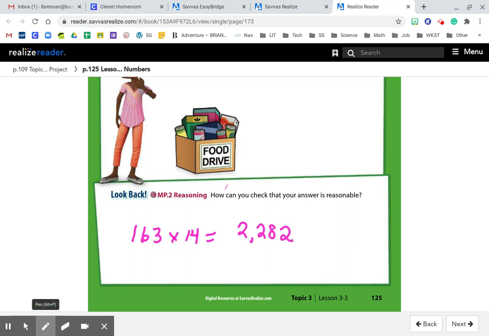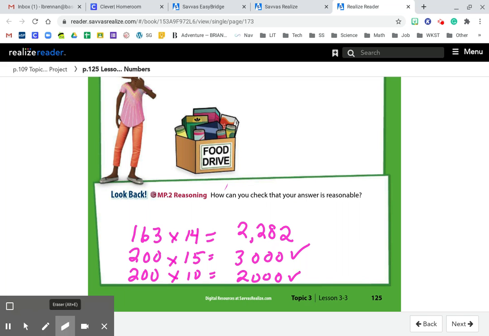So if we wanted to see if that answer was reasonable, we could estimate the values. We can bring that all the way up to 200, maybe times 15, which would get me 3,000, and that looks reasonable there. Or maybe you would do 200 times 10 would get you 2,000, and that's reasonable as well.